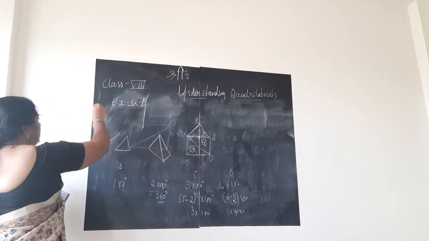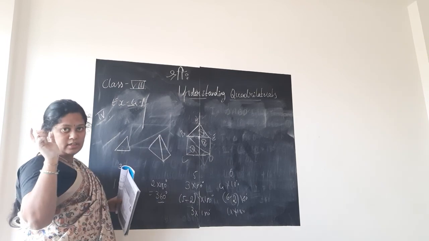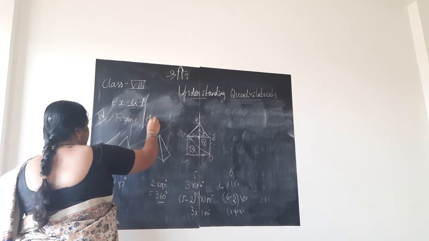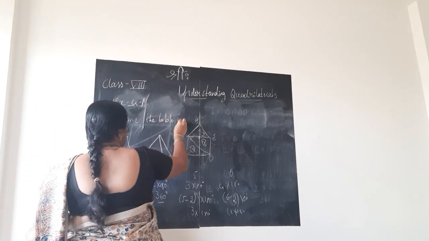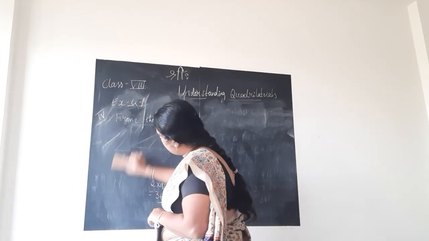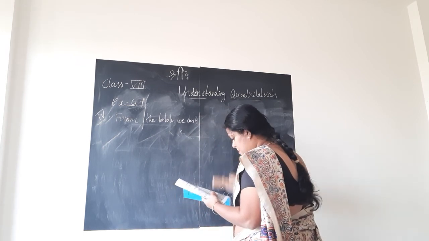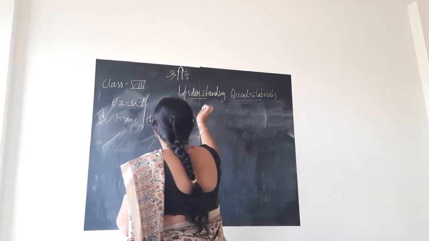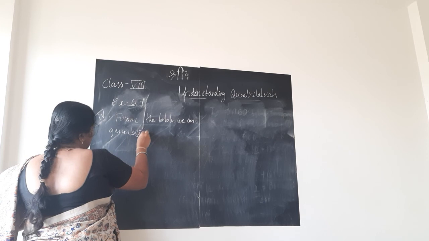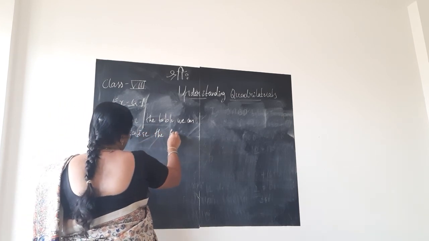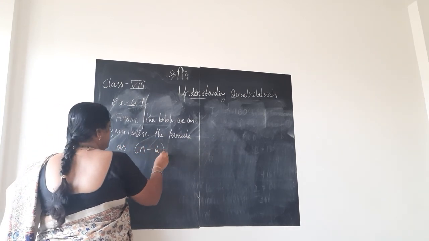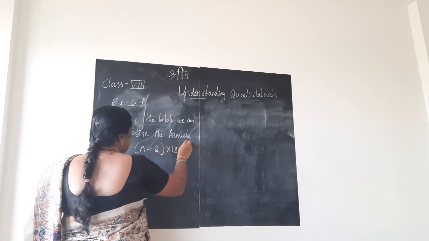So, you will write one line saying, from the table we can generalize the formula as n minus 2 into 180 degree.